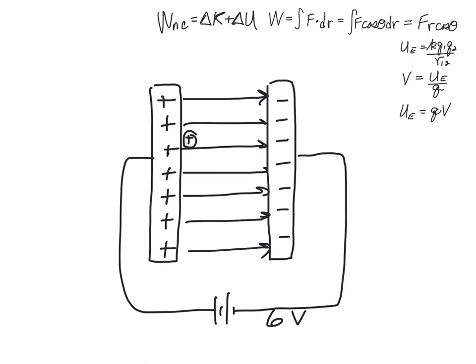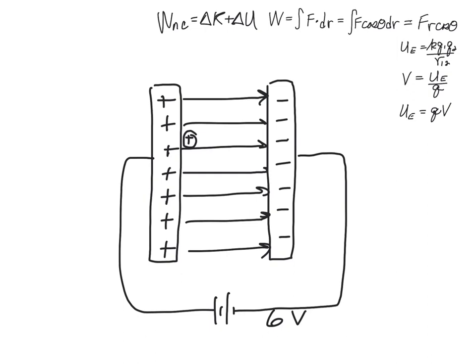And so if the charge moves this way, it loses potential. If the charge moves this way, it gains potential. But if it moves this way, it's going to have the same potential. So we could draw a series of lines. This is something we'll do in lab.